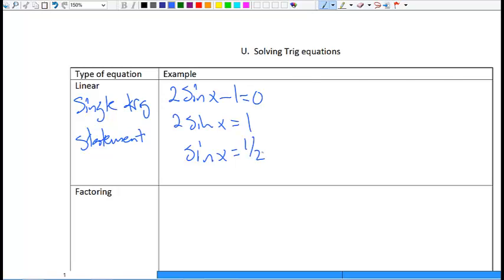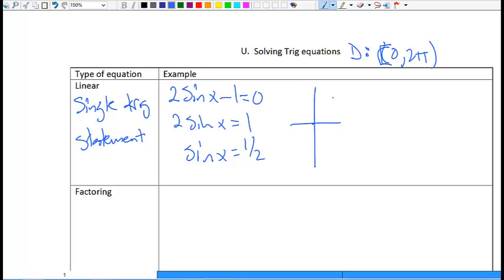Okay, and I should say for the domain, and if I don't say this, it's going to be from 0 to 2 pi. I think I did in the practice, but I don't think I said so in the notes example. So what I'm looking for here, if I look at the unit circle, where in the unit circle do I find a sine value of 1/2?